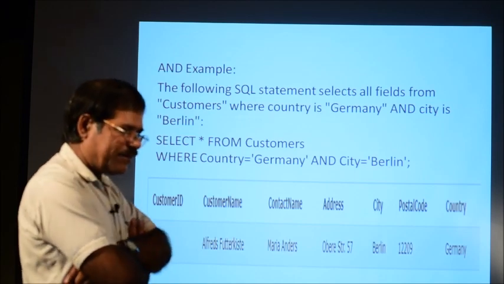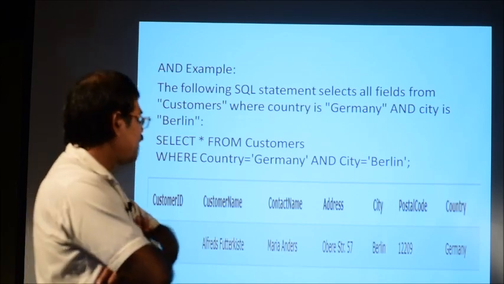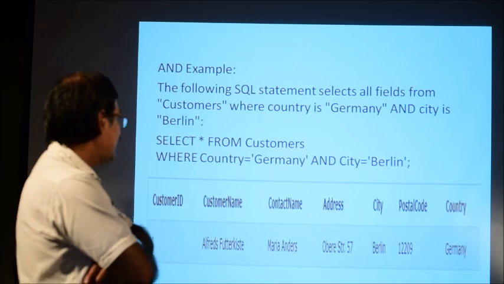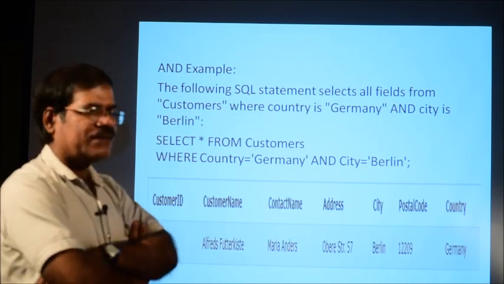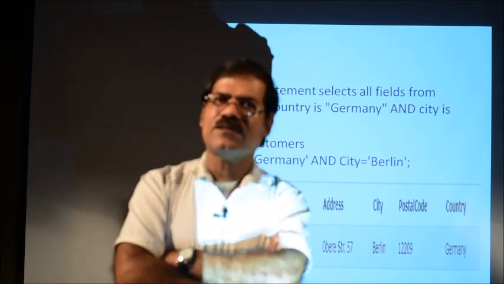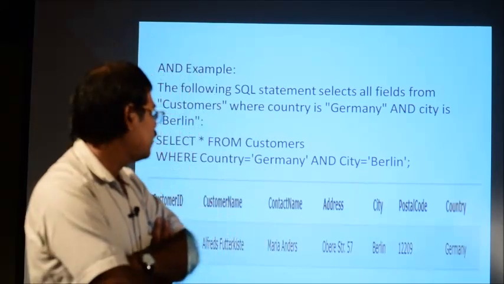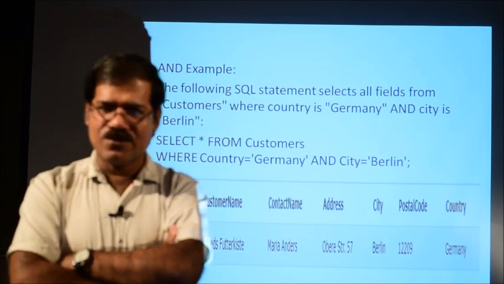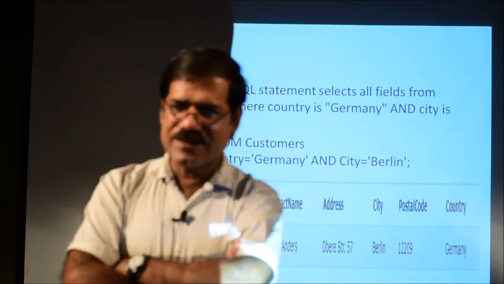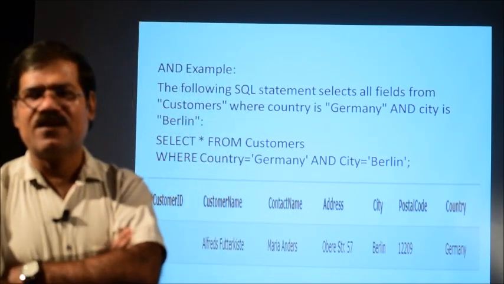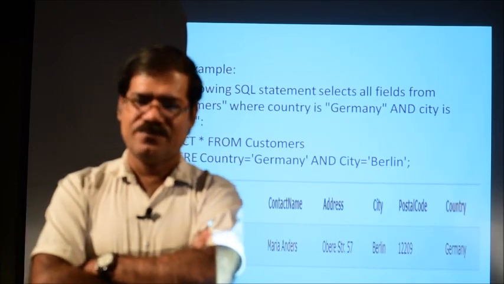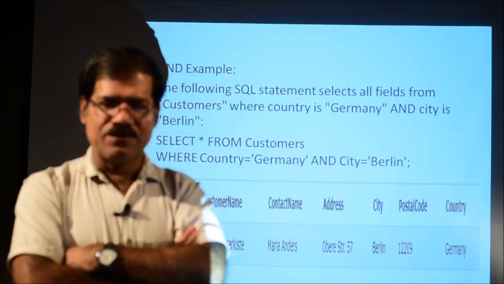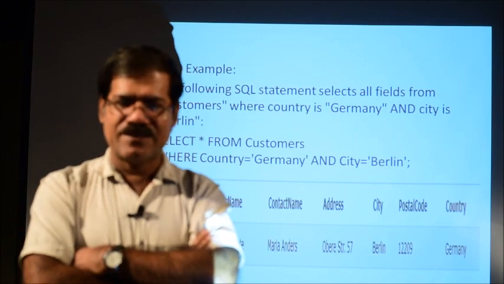So, what is my requirement? I am saying, please show me the detailed data of the customers where the country name is Germany and the city is Berlin, because the customer table contains the customer details.